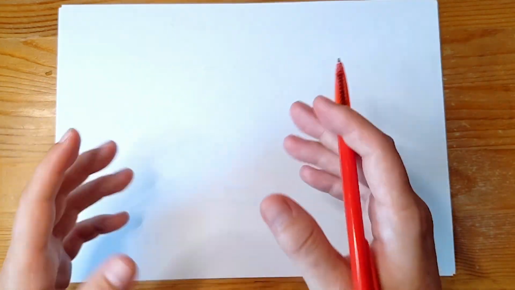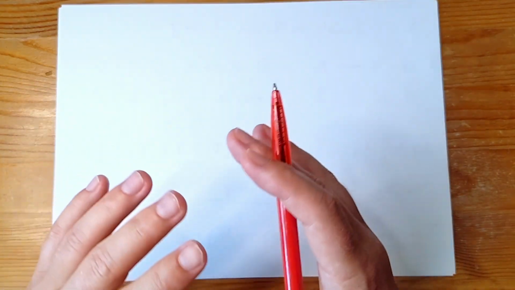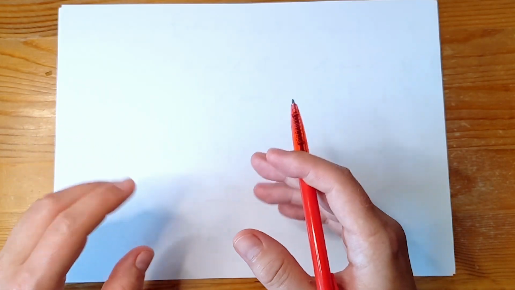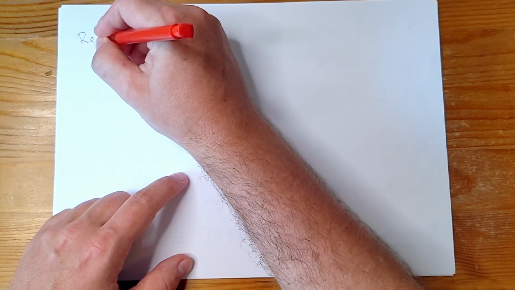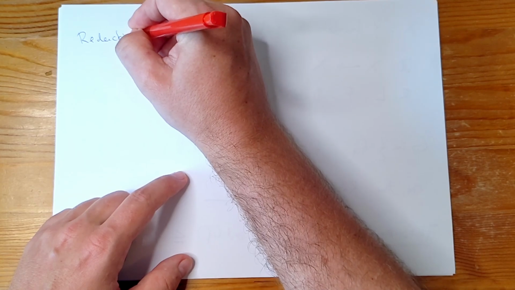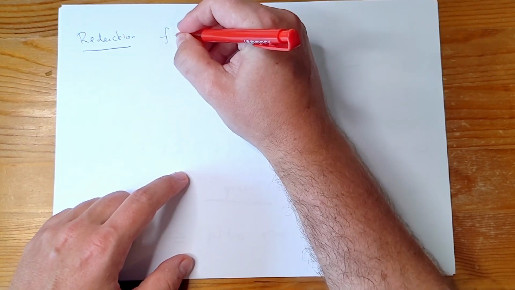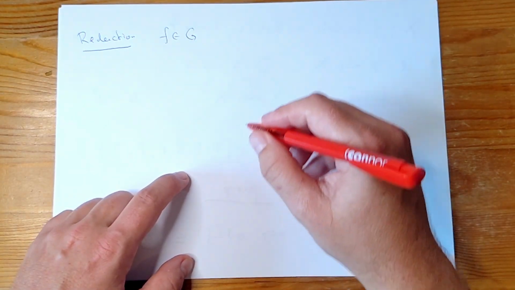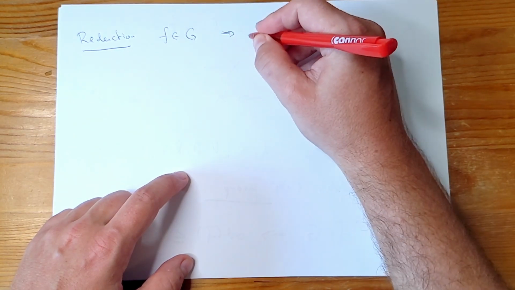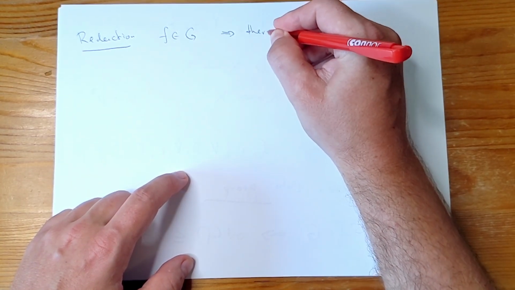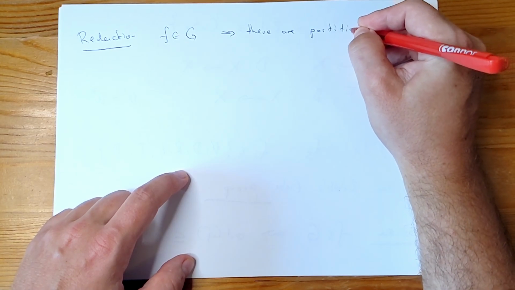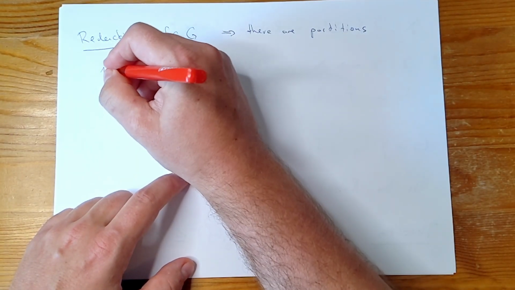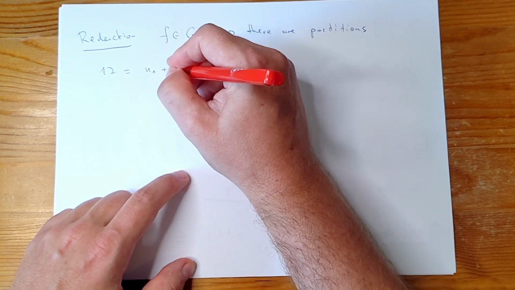And now we are finally ready to write down the number theory problem, to which we have reduced the whole estimation. So we have seen this reduction. When f is any sequence of moves on the Rubik's cube, then there are partitions of, say, 12.